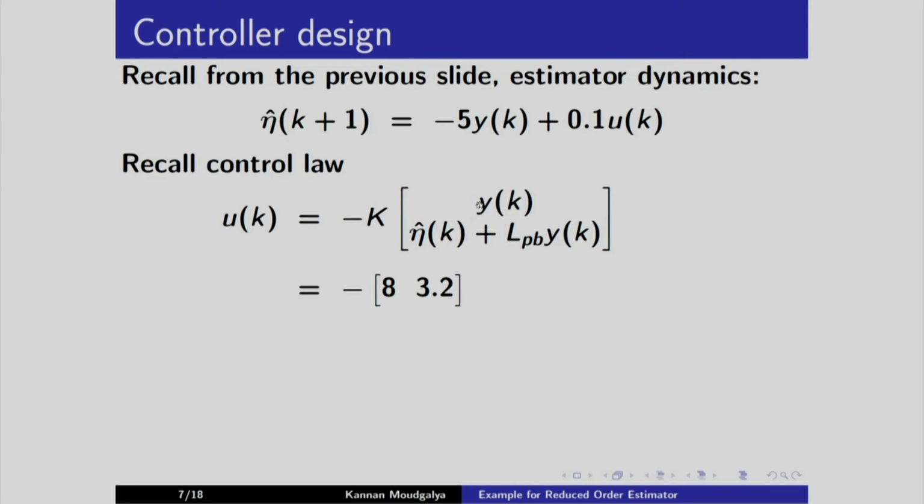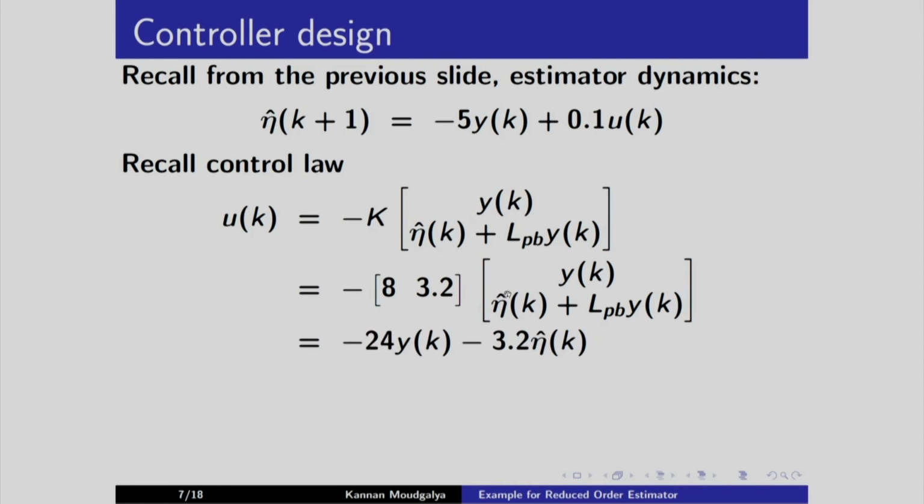So this 8 into y, I get 8y, and this 3.2 will multiply this. Remember, this LPB is 5, so 5 into 3.2 is 16, 16 plus 8 is 24, so I get 24 here, and then 3.2 into eta hat, I get this.